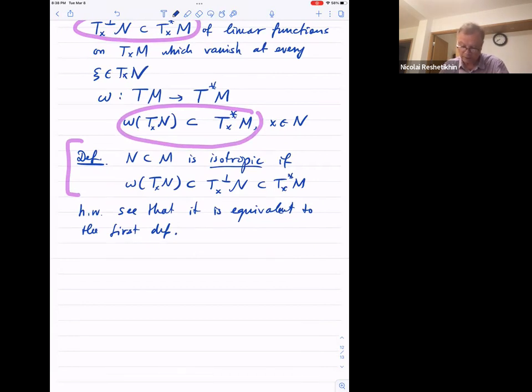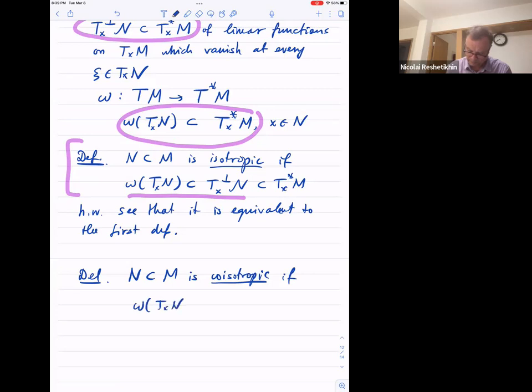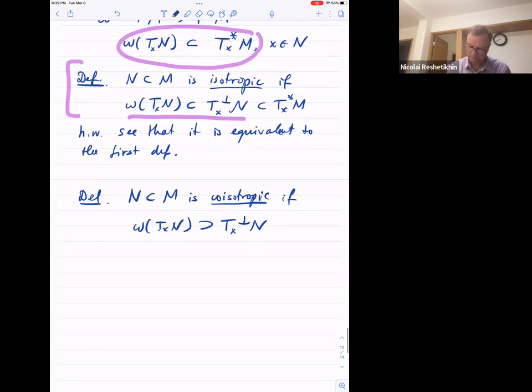But then you see, very nice. So we defined isotropic submanifolds for this particular inclusion, but they can be ordered in another way. So we may have a different inclusion, and that's called coisotropic, if we have the opposite inclusion. So first remark that these are special submanifolds.